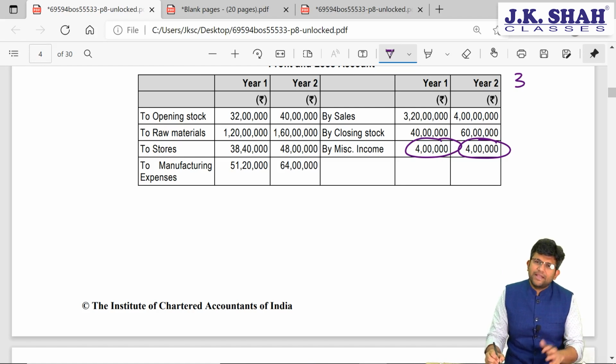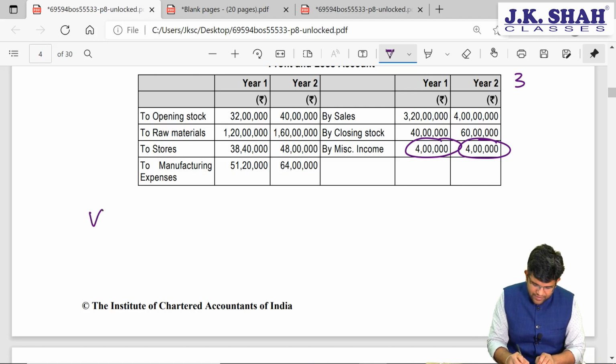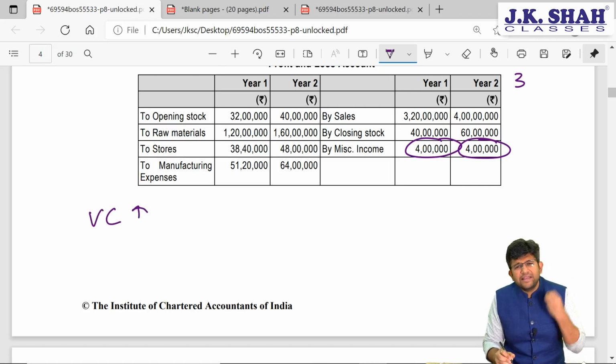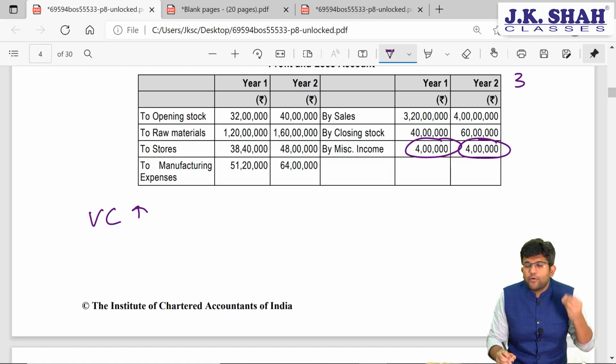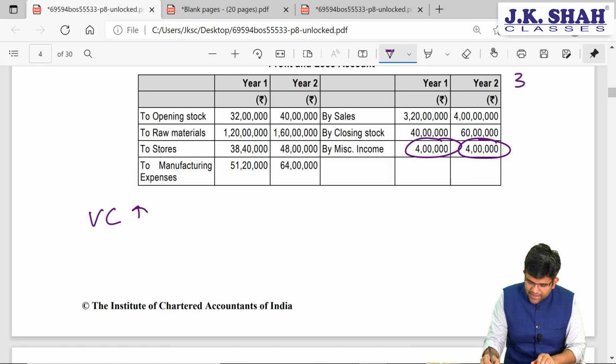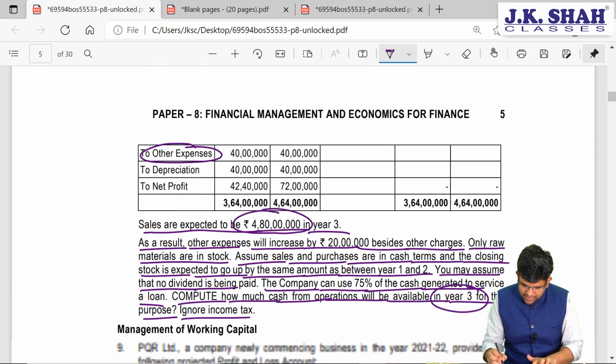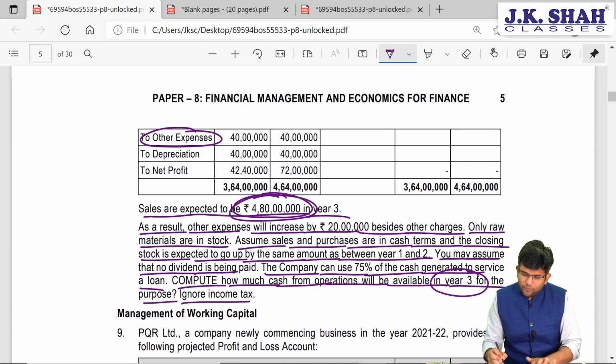Now students, as far as the debit side is concerned, the costs are concerned, do you realize variable costs will exactly increase in the same ratio, the same proportion, the same percentage as the sales have increased, right? Here if you can see, year 2 sales were 400 lakh. In year 3, they say that the sales will go to 480 lakhs.